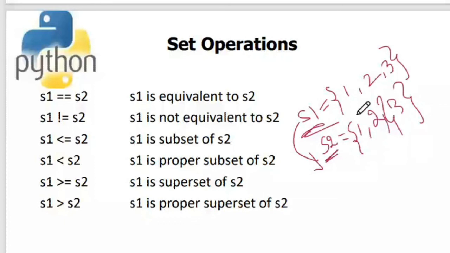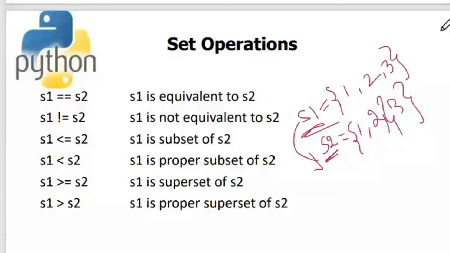I hope you understood this. Proper subset means one less. Proper superset is vice versa of the statement that I have told you now, as in the case where it is just having 1 and 2 over here.